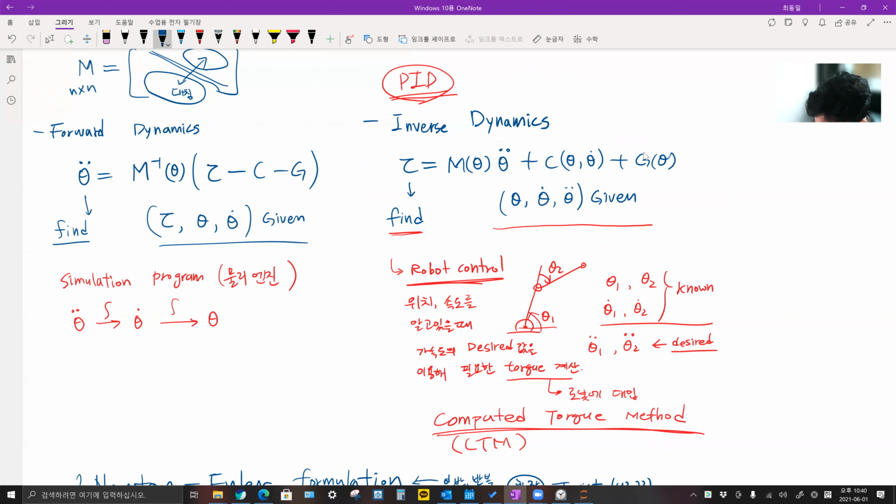So this equation can be used when we control the robot. If you are going to control the robot, you should command some position, or sometimes we should command torque.